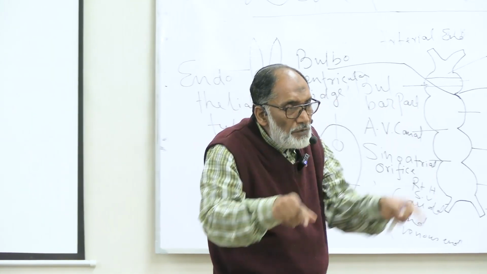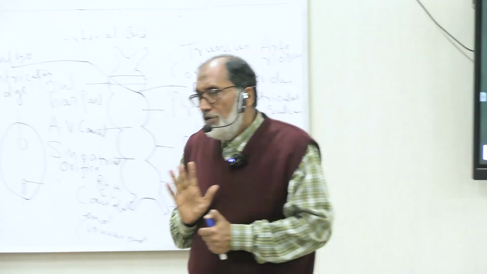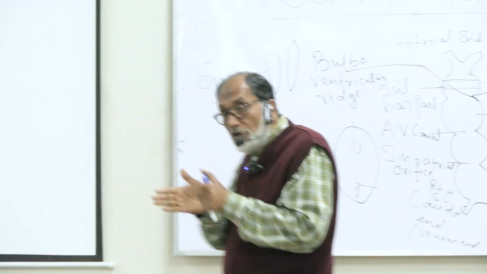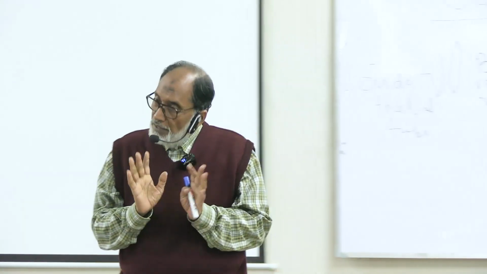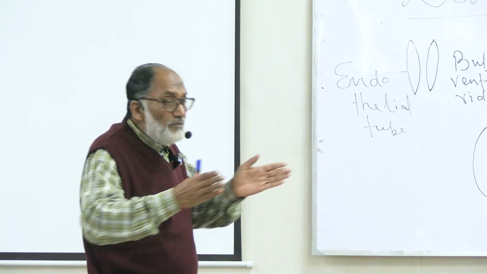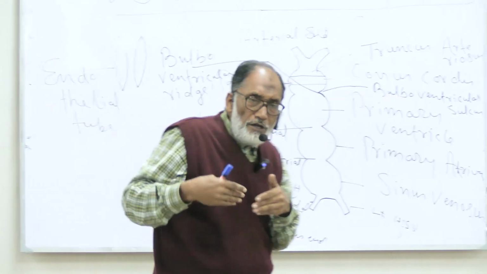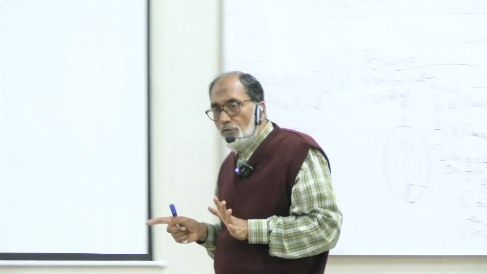There they will form the primary heart field. From that primary heart field, two endothelial tubes will develop. This endothelial tube is ultimately fused from cephalic to caudal and will form a single tube.